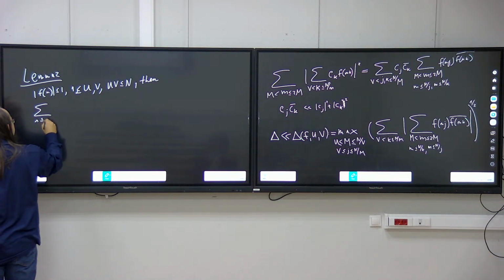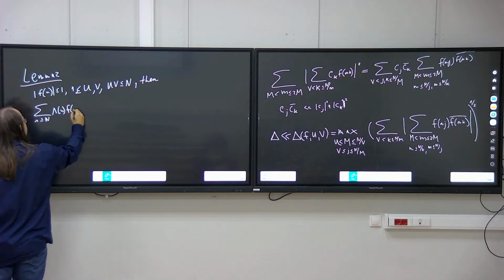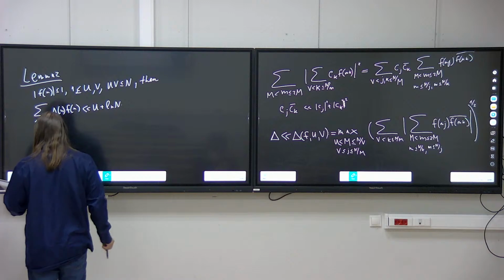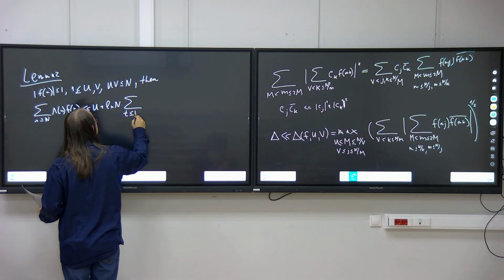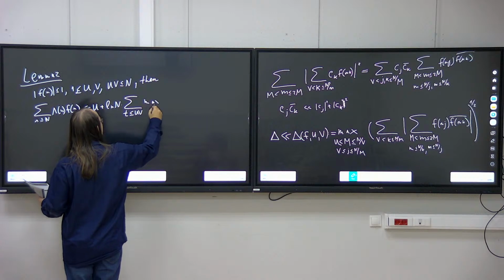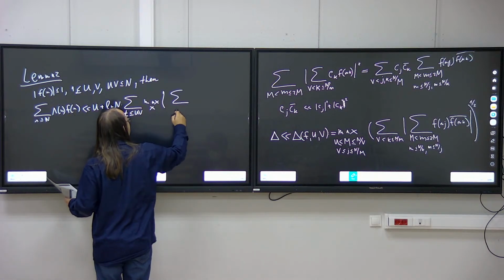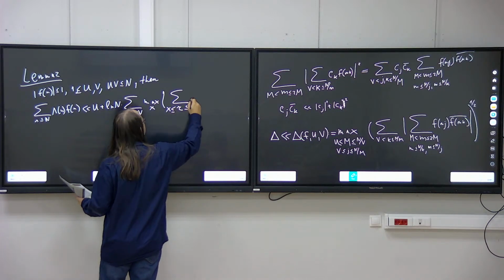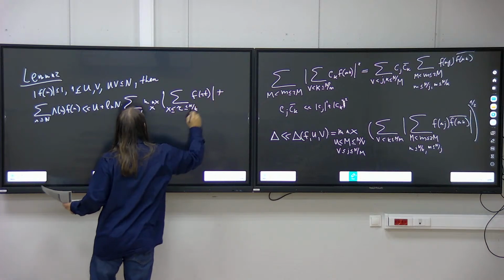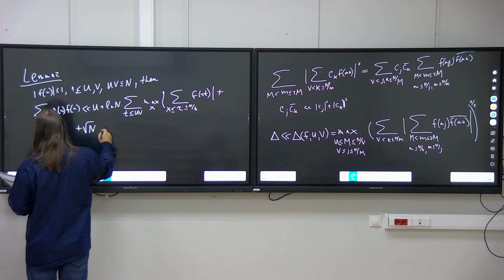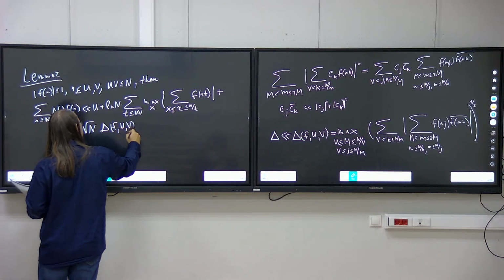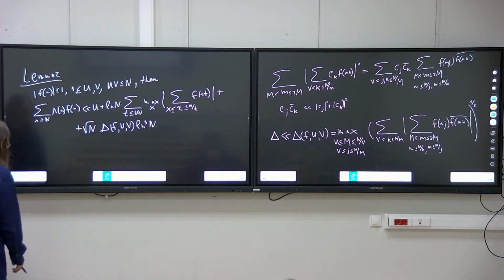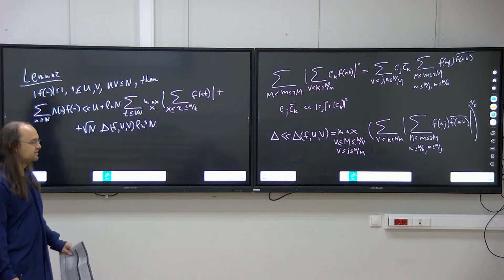Sum over all n less than or equal to N, lambda of n, f of n, is at most U plus log N multiplied by the sum over all t less than or equal to UV, maximum over all x, sum over all r between x and N over t, f of rt, plus square root of N, delta F U V, log cubed of N. So this lemma is basically what we have proved already, right?